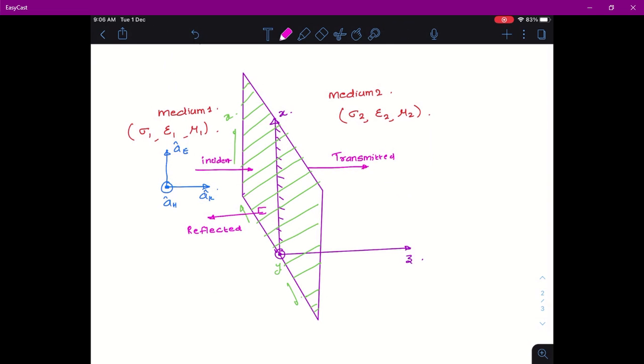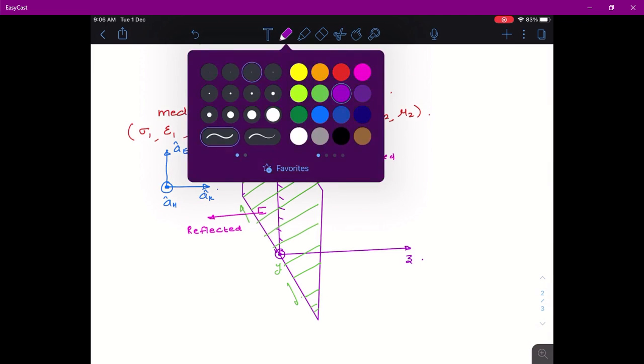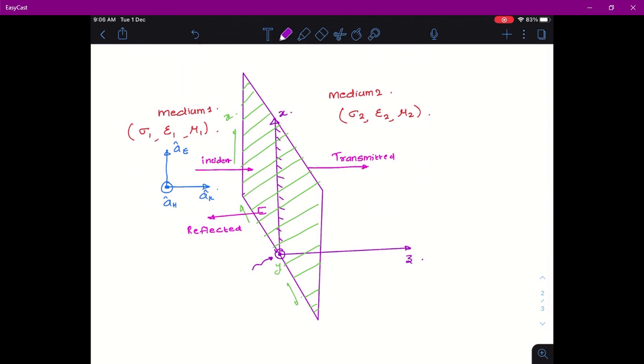Now where is the wave getting incident? You see the point here is actually z equal to 0 and x equal to 0, or you can say it is actually z equal to 0, because the whole plane has the point z equal to 0 here.